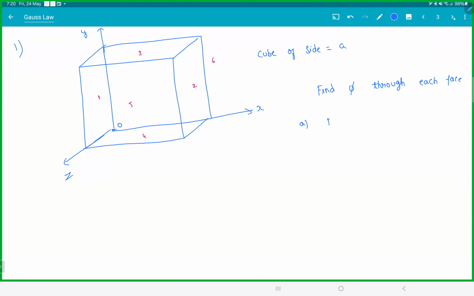Case 1, the field is E equal to E naught i cap. Three different questions. Field is E naught x i cap, E naught y j cap, E naught z k cap.